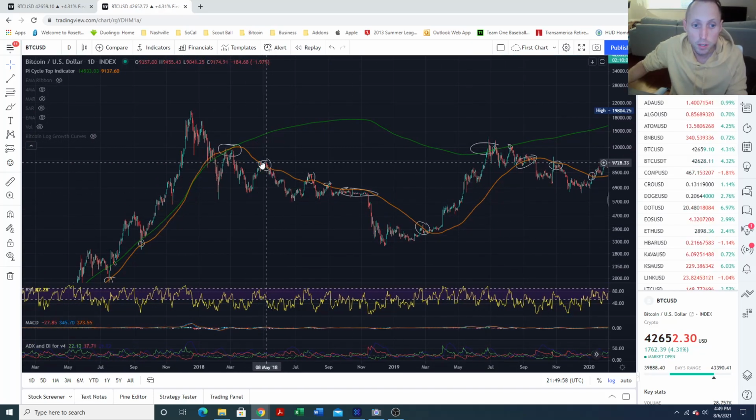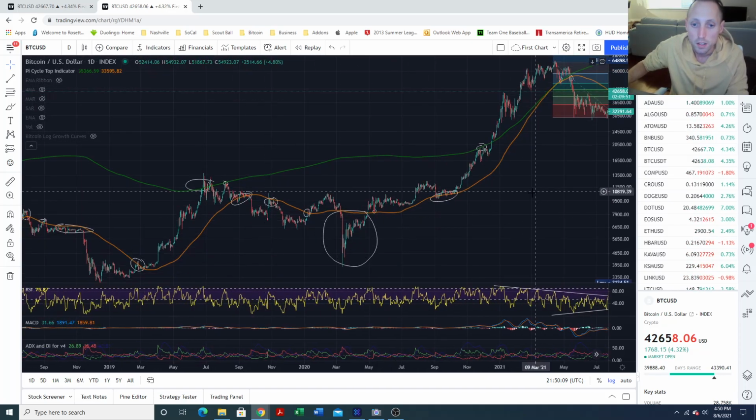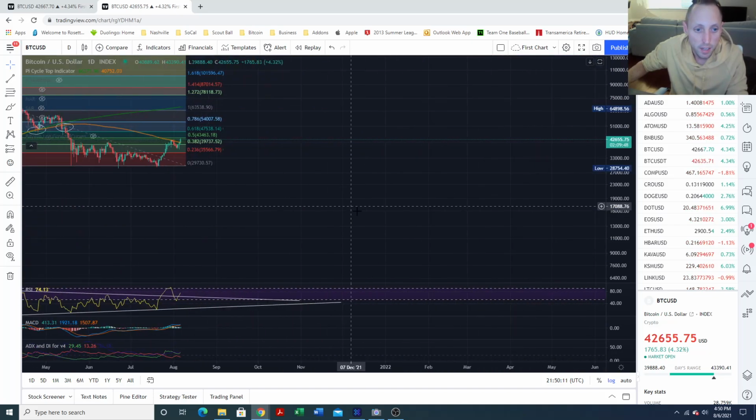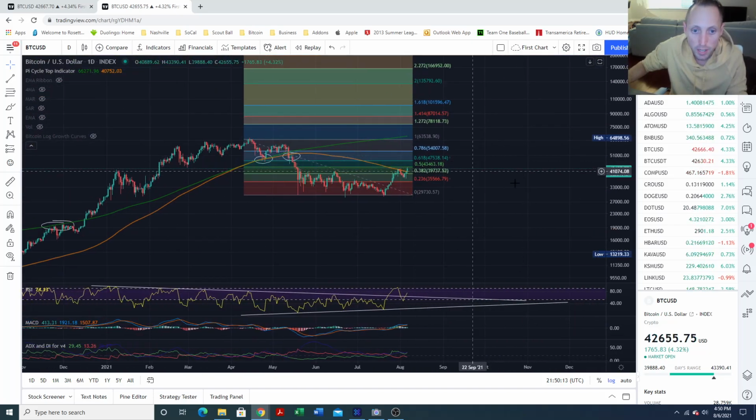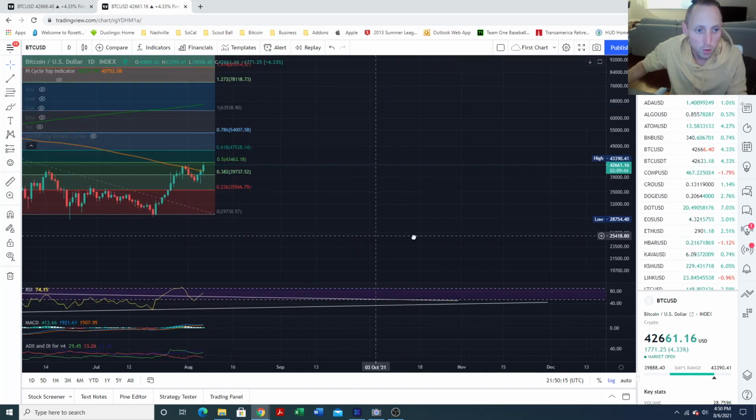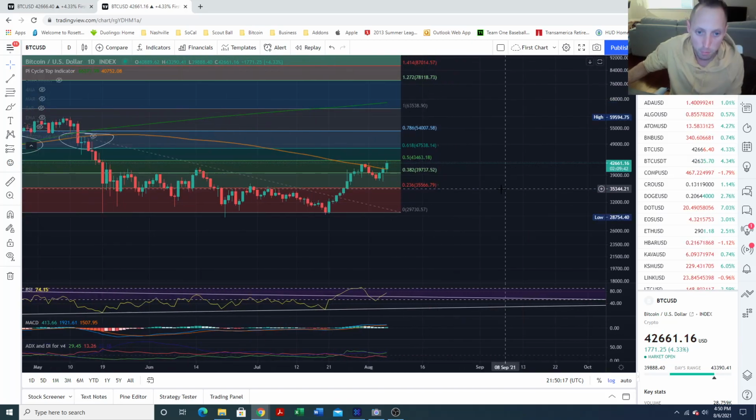And if it can't really break over this level right here, you're going to see more downtrend. It may come up and test it again. You might see, again, more downtrend. So this is kind of an indicator that I'm looking for right now. I would like to see Bitcoin break through this 0.5 fib level. I would like to see it get to the 0.618.